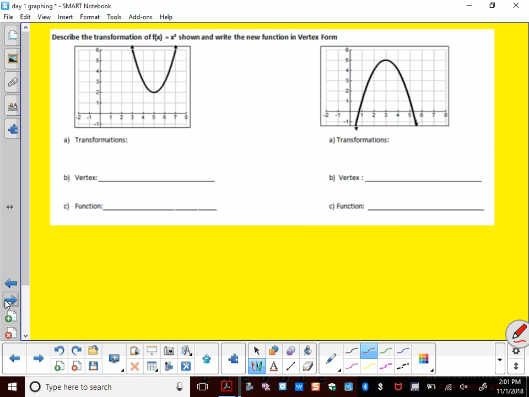Describe the transformation of the function x squared. All right, so this is our origin, this is where we begin, and I'm going to this new vertex. I'm asking myself, how do I get there? For this one, we have 2 transformations.